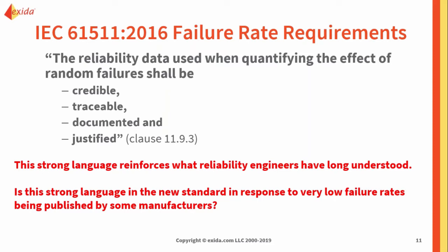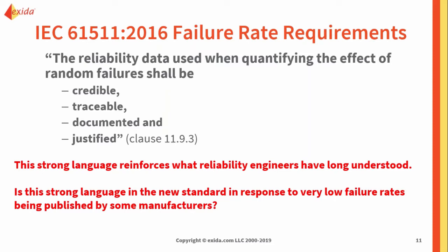However, both IEC 61508 and IEC 61511 talk about failure rates. In the previous versions of the standards, they basically said these are what failure rates are, you need to use them in your calculations, and let you go off.